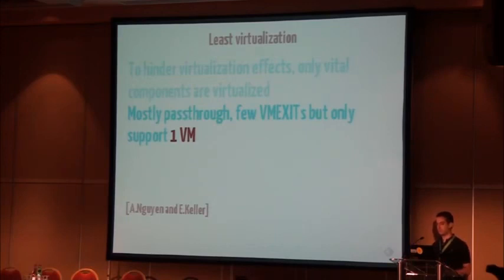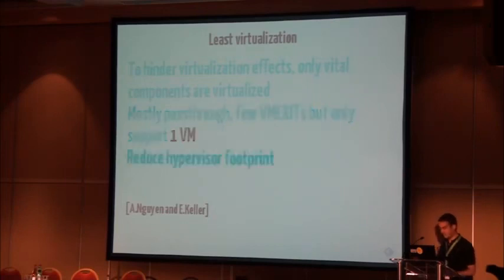There is no need for virtualization. The problem is that it only supports one VM because you cannot share two graphic cards between two virtual machines. So you have to choose, in fact, between security and virtualization features because here you've lost consolidation. And it reduces hypervisor footprint.